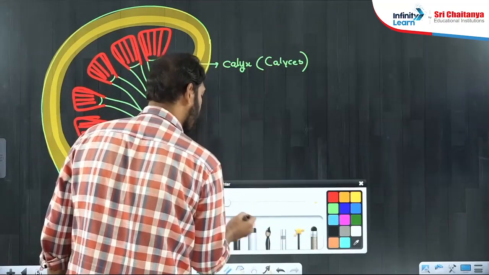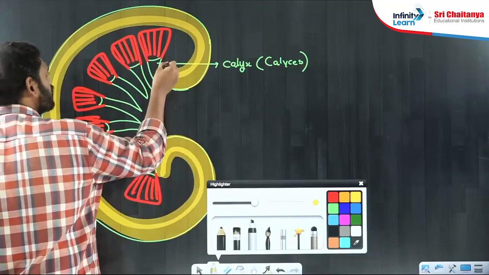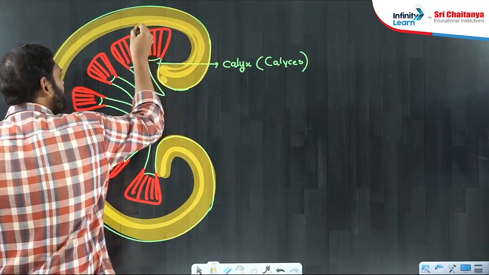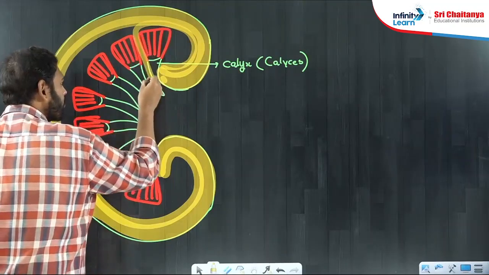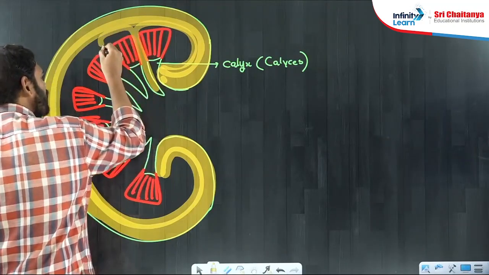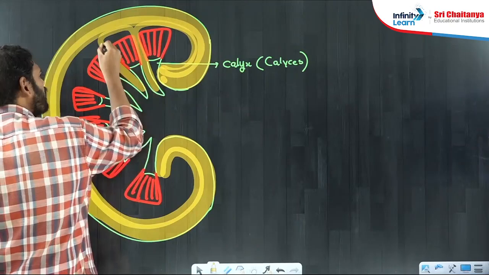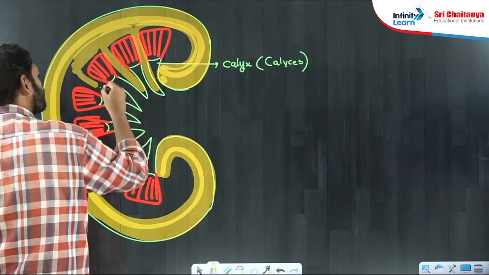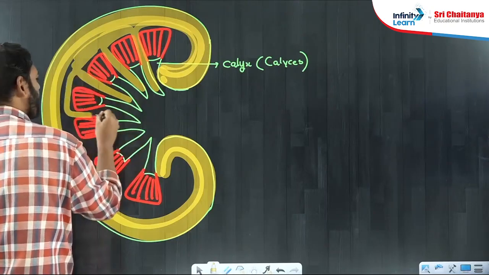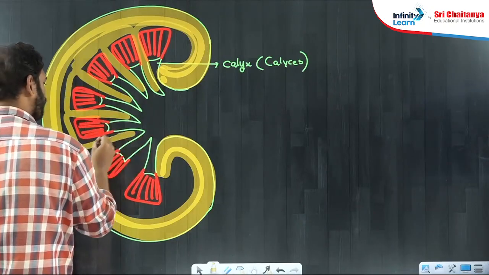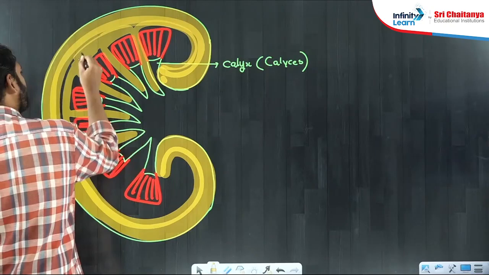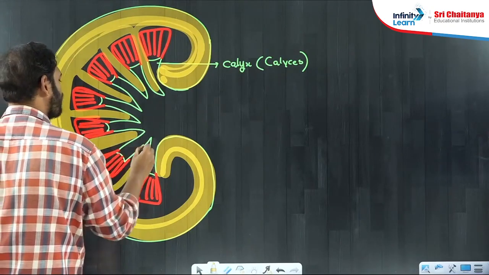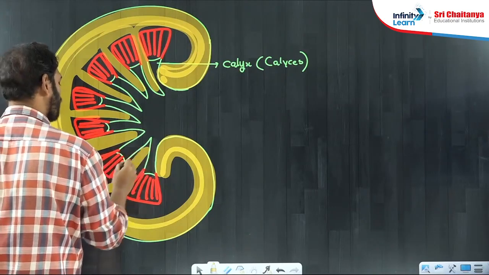Therefore, even into this space, the renal cortex may dip in. So some part of the cortex may also occupy some space between renal pyramids, like this. So the cortex is also dipping into the medullary region.